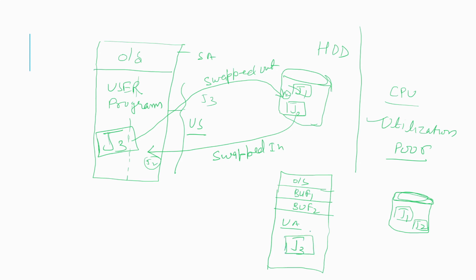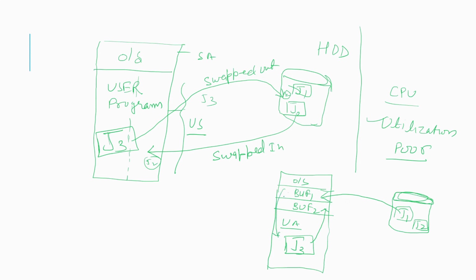Suppose J1 now wants to run here, so I can swap in J1, and this J3 I can keep here in J2. So J1 will be here, then we can bring it here.